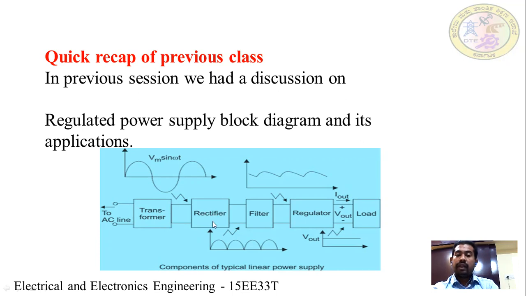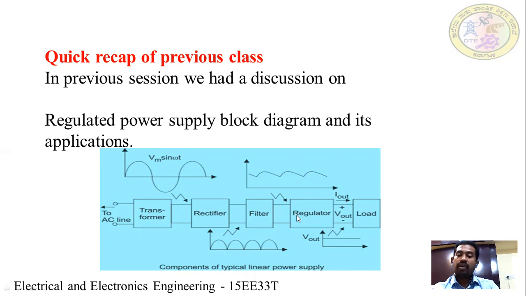The output of the rectifier is given to the filter circuit. The filter circuit smoothens the rectifier output, that is, it smoothens the ripples present in the pulsating DC voltage.